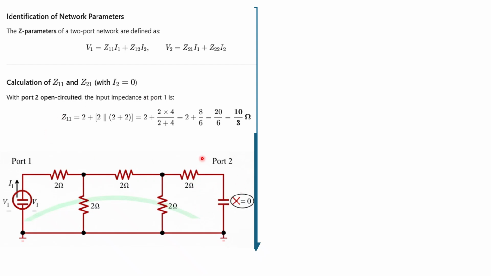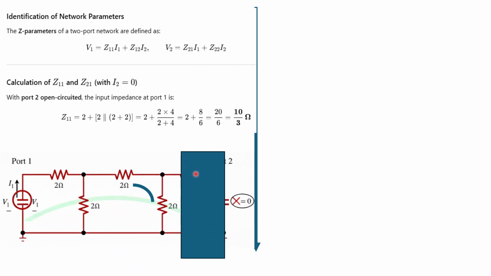So just this part will vanish, and Z11 will be equal to V1 by I1. How can we find it? Since I2 is 0, that part is neglected and this side will be open.